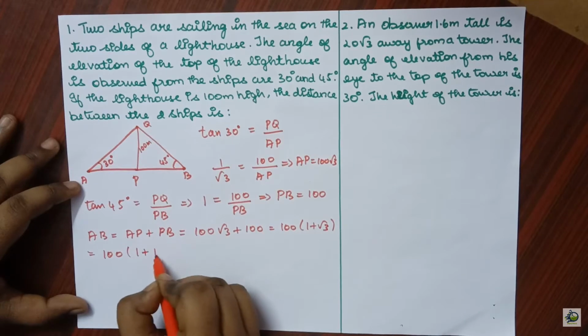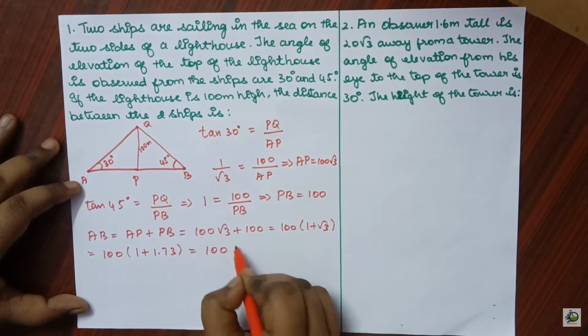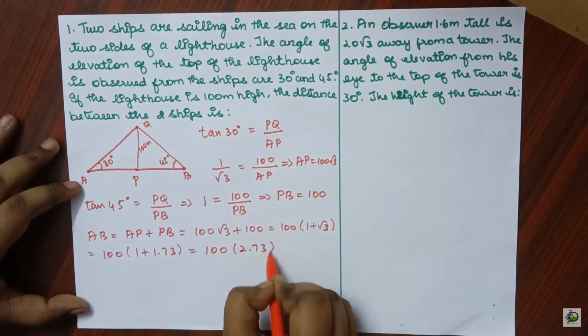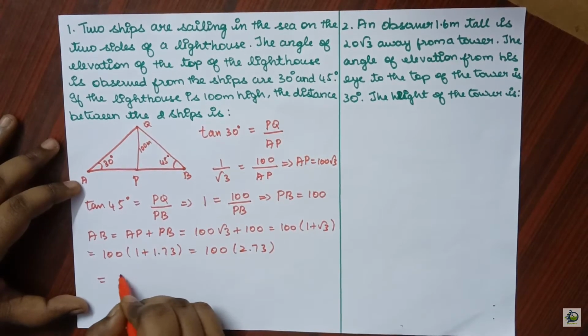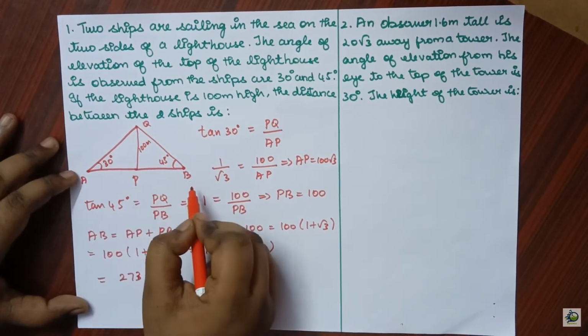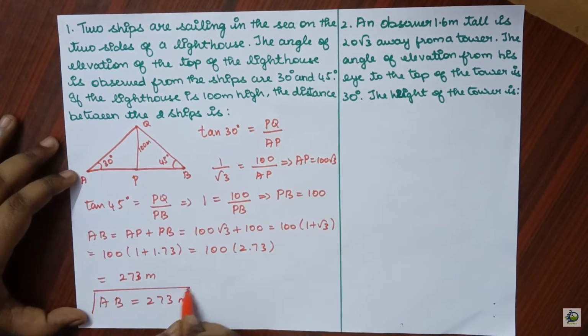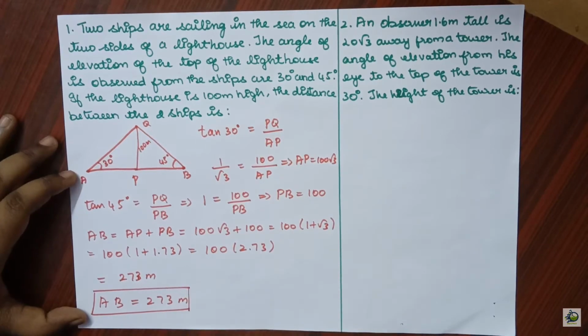So 1 plus 1.73, now what I am getting is 100 into 2.73. So when I multiply this, I am getting 273 meters as the distance between A and B. So AB is equal to 273 meters. This is the distance between the two ships.